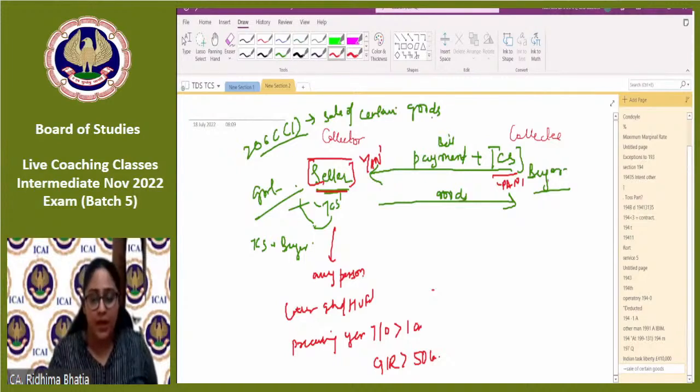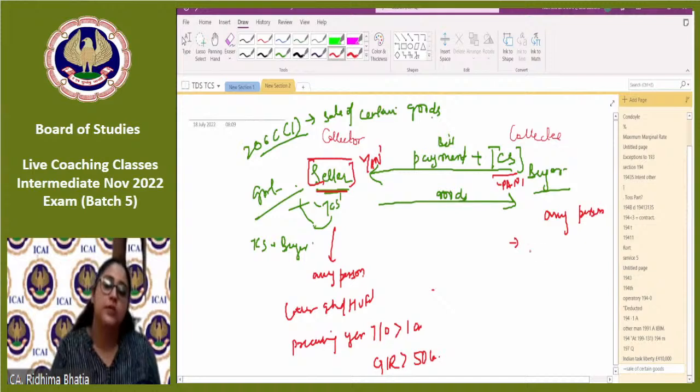ओके, now buyer can be, again in this particular section, so every section का collector collectee is different. So in this particular subsection, buyer can be any person, but not सेंट्रल गवर्नमेंट, स्टेट गवर्नमेंट. आप उनसे टीसीएस नहीं कलेक्ट करोगे, उनसे लेके उन्हीं के क्रेडिट पे दोगे.